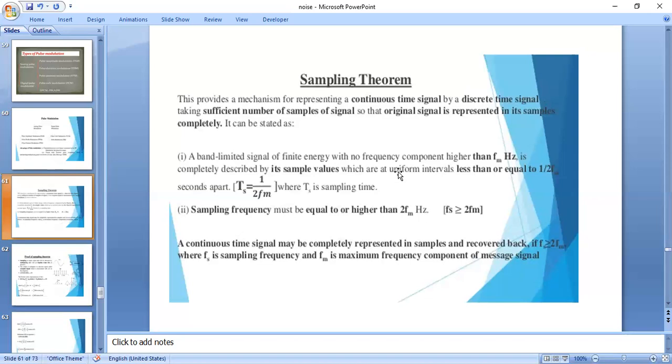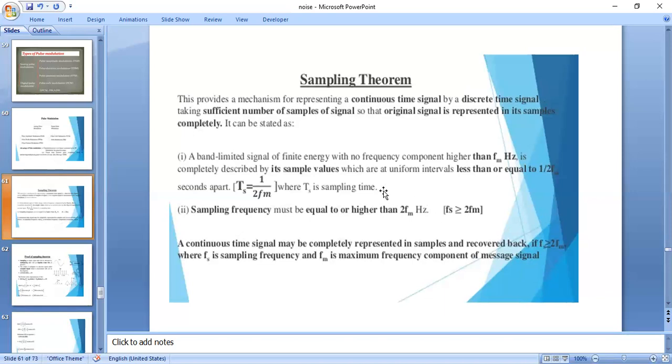For example, we assume the continuous time signal contains the highest frequency component fm. So the sampling frequency should always be greater than or equal to twice the highest frequency component in the message signal.